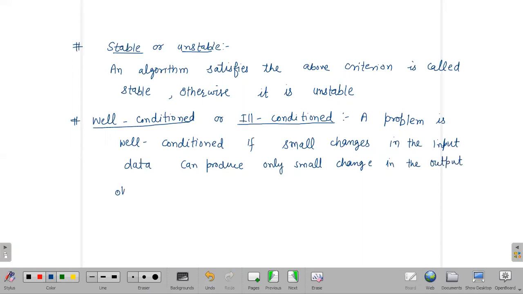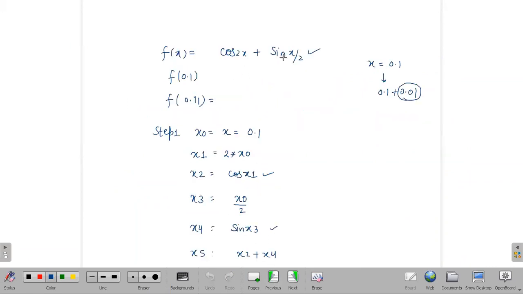So otherwise it will be ill conditioned. It is ill conditioned. So it means suppose I have any mathematical problem here. If I write an algorithm for this expression, then at each step you will find that this criteria will follow.